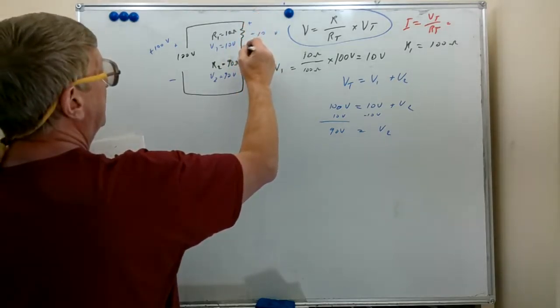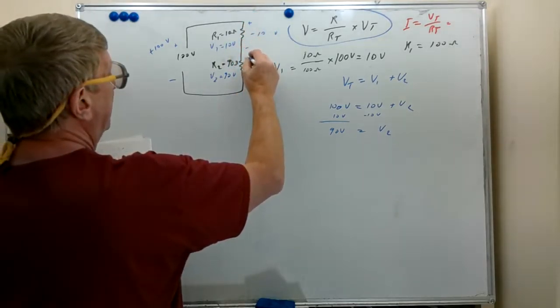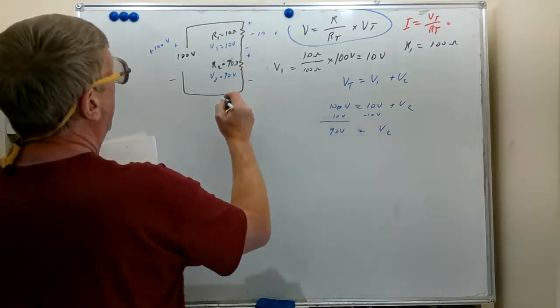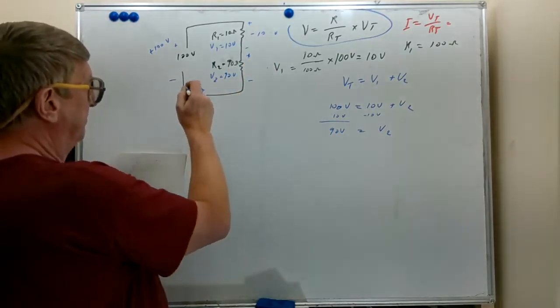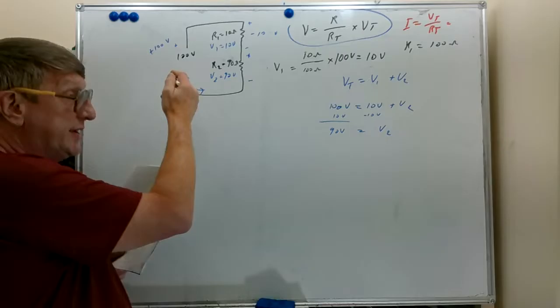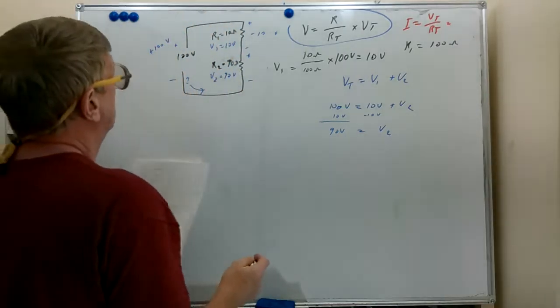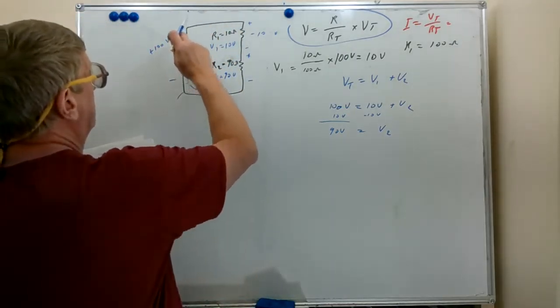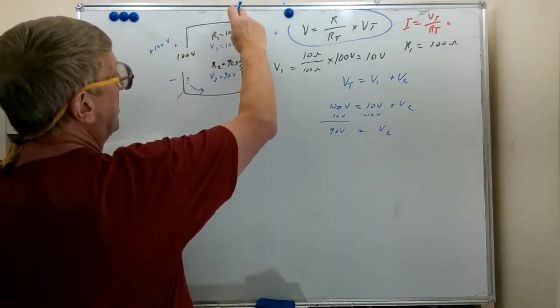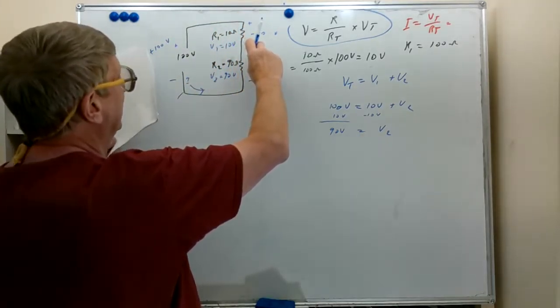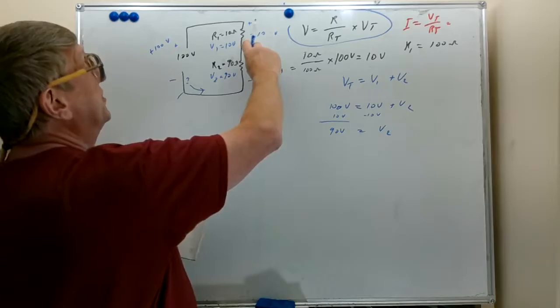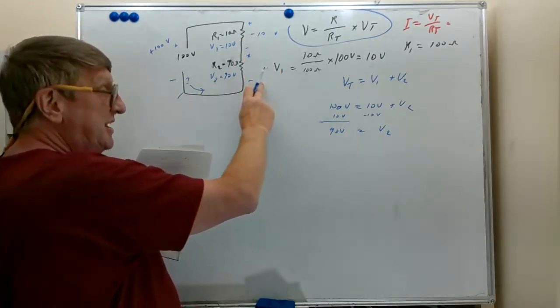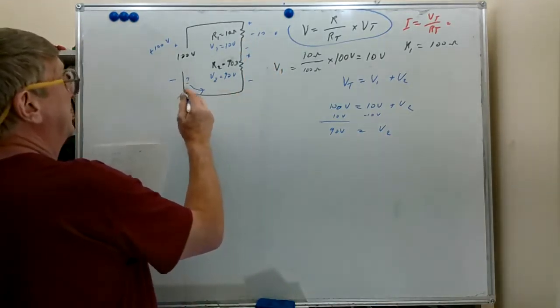I'm going to put some polarities on here. In this case, I'm looking at current going this direction: electron current, electron flow. So if we started right here, we go up to plus 100. Then we drop down by 10, minus 10 gives plus 90. We drop down by 90, minus 90 from plus 90 gives us 0, puts us back to that 0 volts.